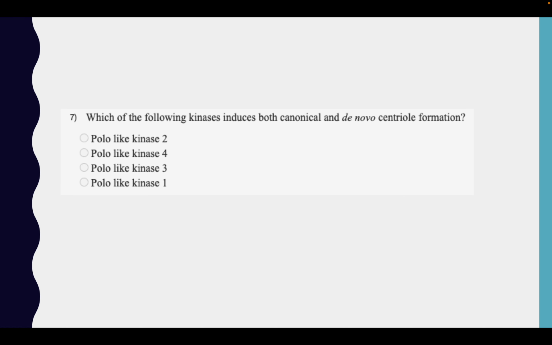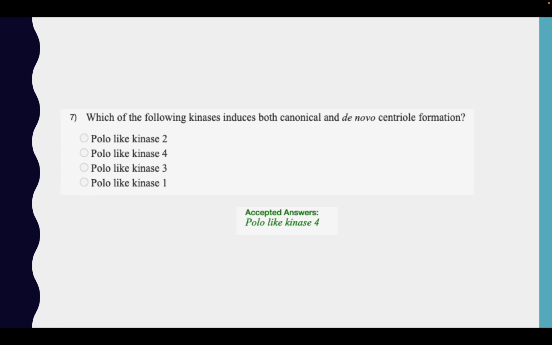Which of the following kinases induces both canonical and de novo centriole formation? It is memory based question, so without wasting time, it is polo like kinase 4.